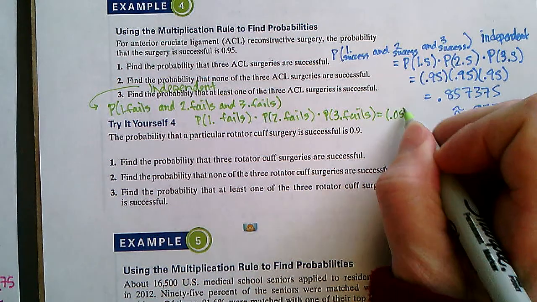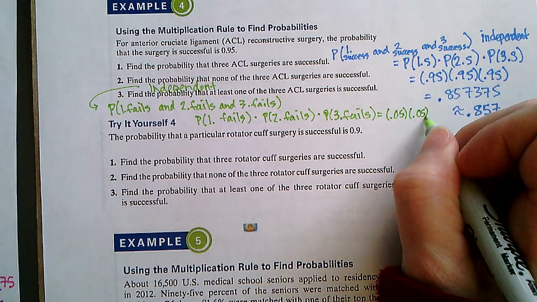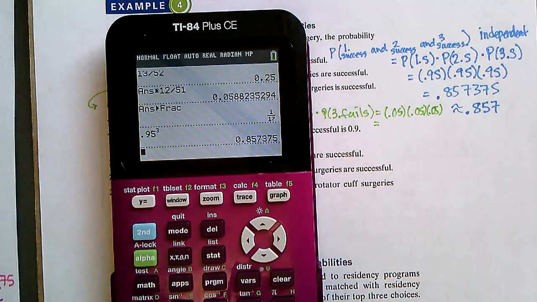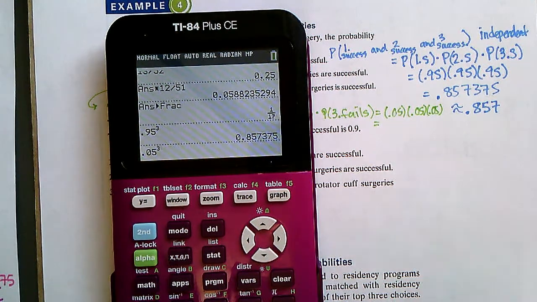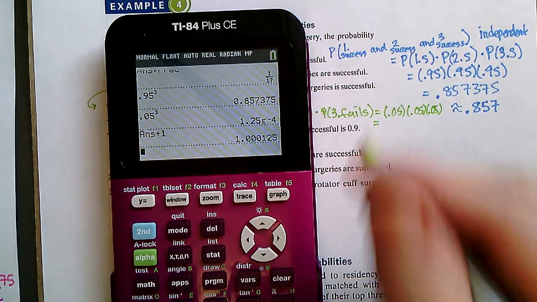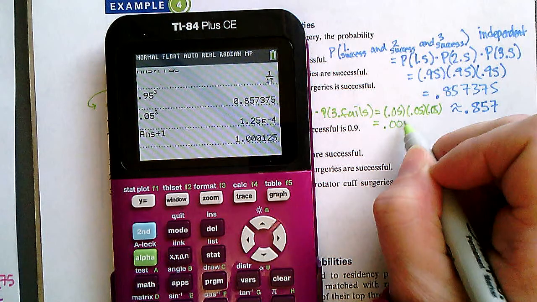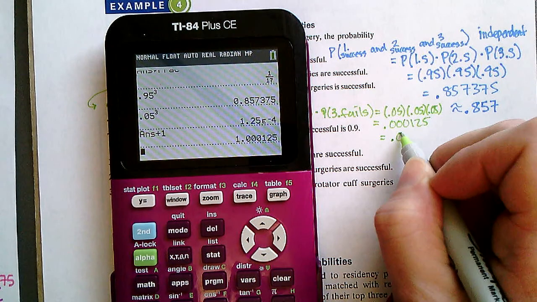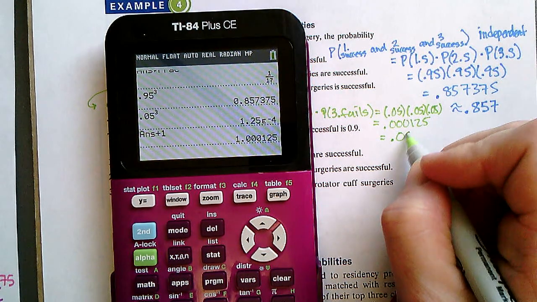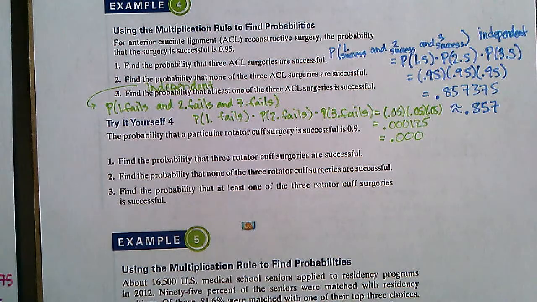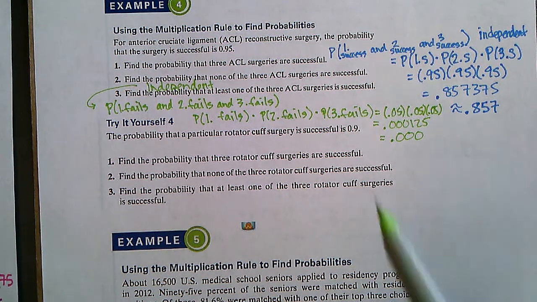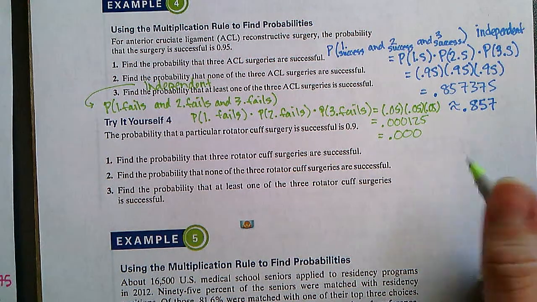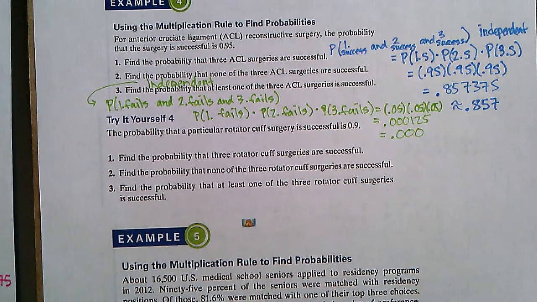So 0.05 times 0.05 times 0.05, which is 0.000125. If I round that to 3 decimal places, that is a 0% chance of all 3 failing. If I didn't round it, it would be a 0.0125% chance of failing. So not very likely to happen.